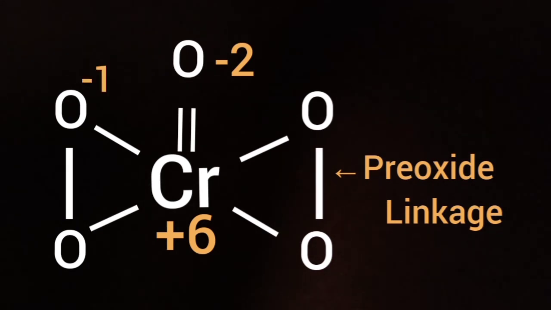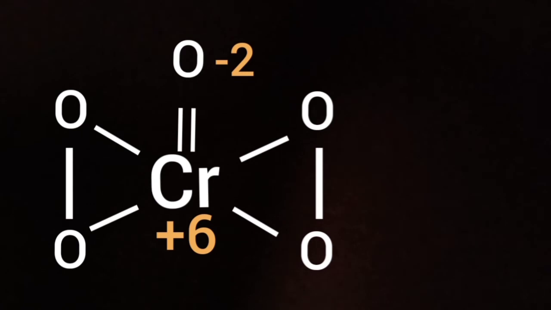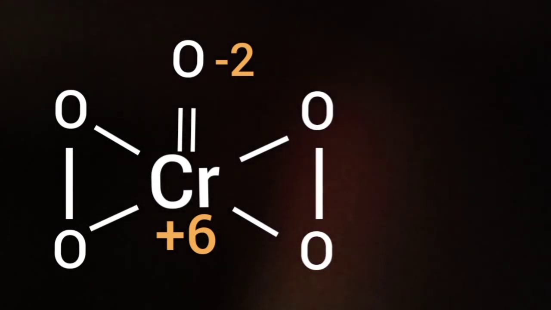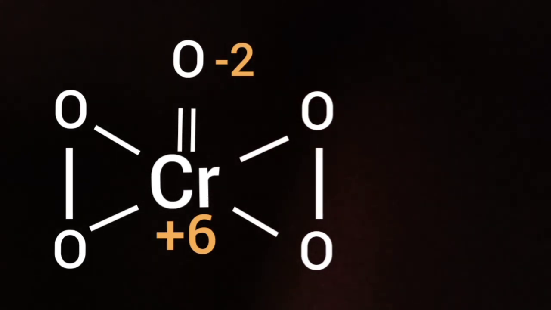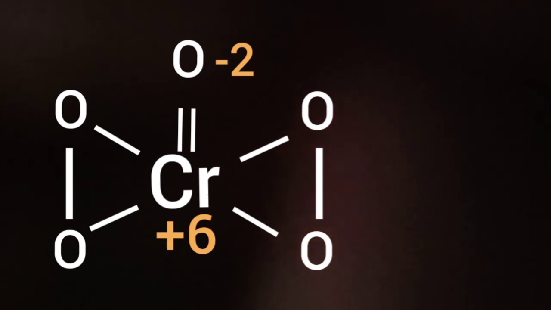You can calculate the oxidation number of chromium and oxygen from the Lewis dot structure and the number of electrons contributed by the atom to establish covalent bonds, and the electropositive or electronegative nature of the atom.